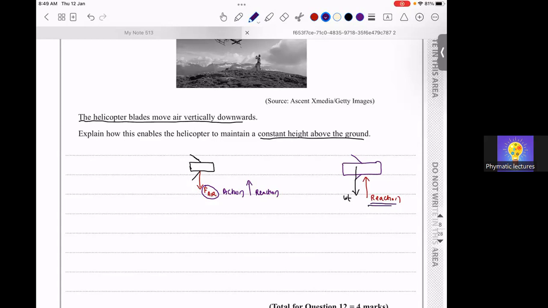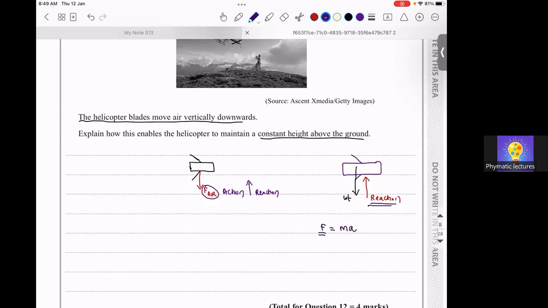The helicopter is standing in the stable or equilibrium position. Why is this equilibrium happening? According to Newton's second law, the external unbalanced force is equal to mass times acceleration. If no external unbalanced force is there, then there is no acceleration.